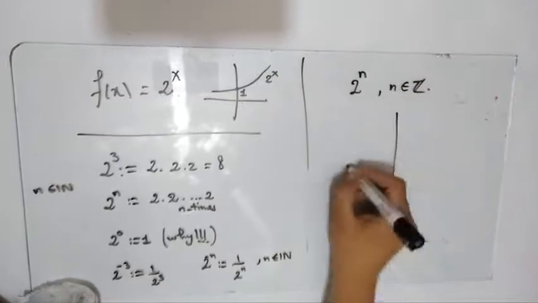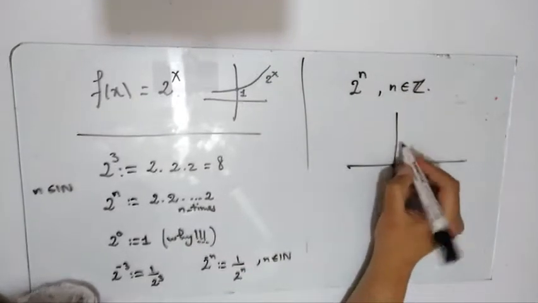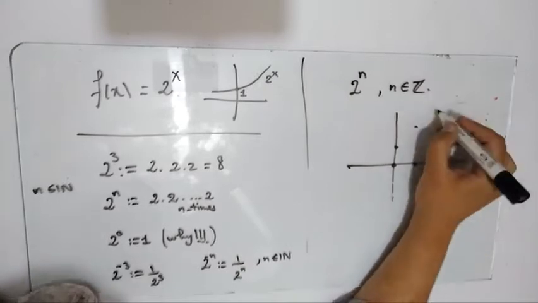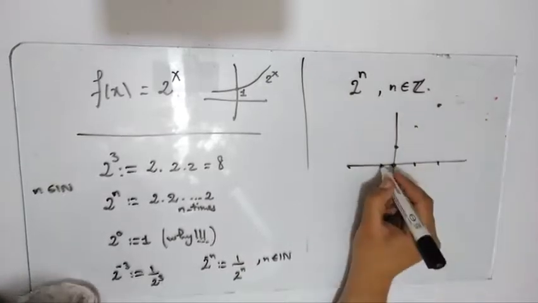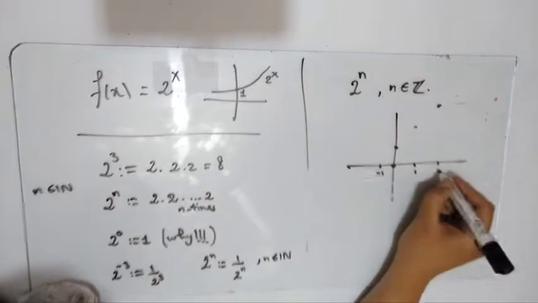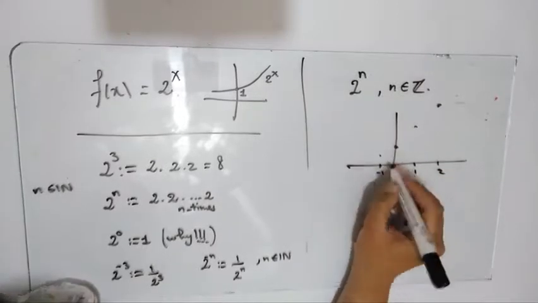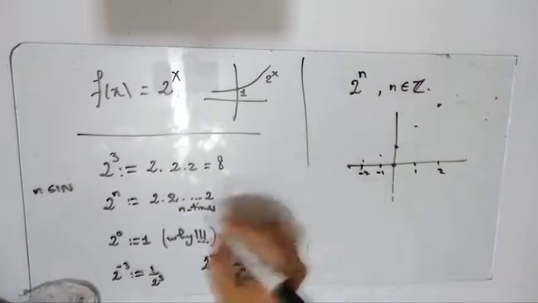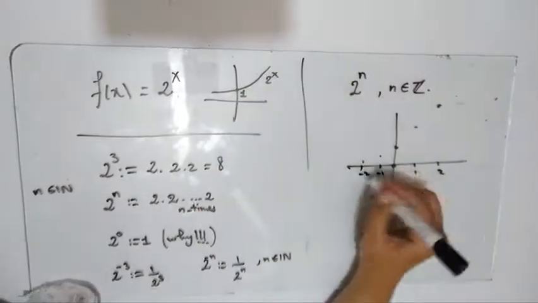Now let's try to graph it. At n equals 0, it's 1. At n equals 1, it's 2. At n equals 2, it's 4. At n equals negative 1, it's a half. At n equals negative 2, it's 1 over 4, and so on. So this looks like this, but we still have many gaps here.